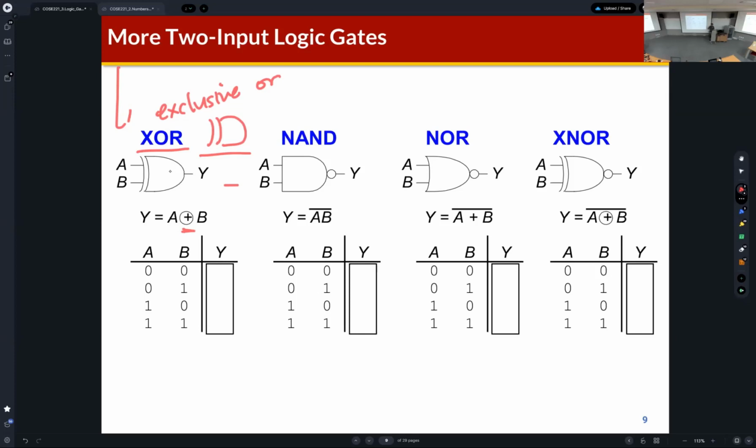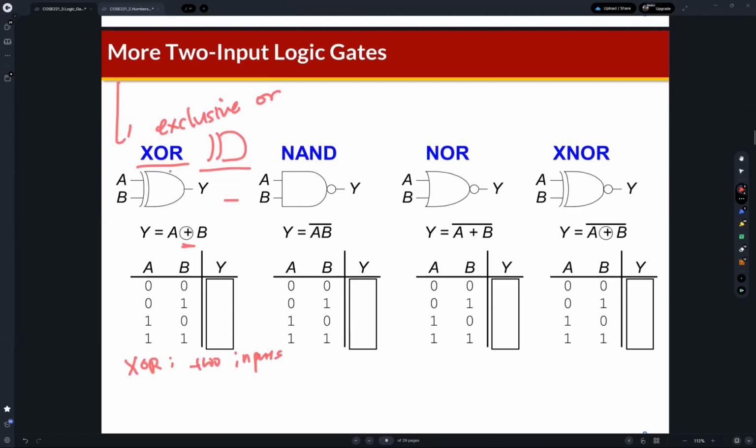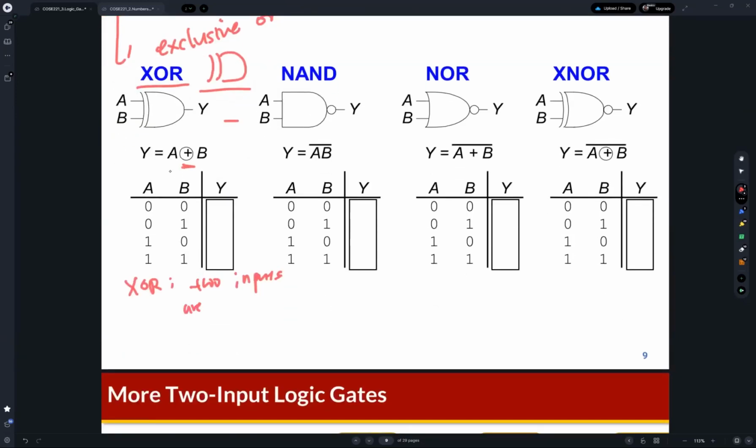We learned the definition of the AND gate and the definition of the OR gate. Then what is the definition of exclusive OR? Exclusive OR means that if the two inputs are different from each other, then Y becomes 1.